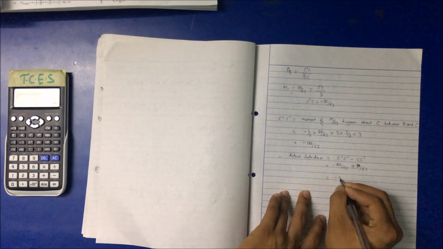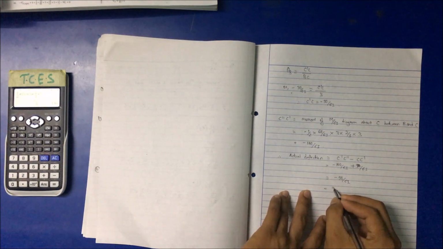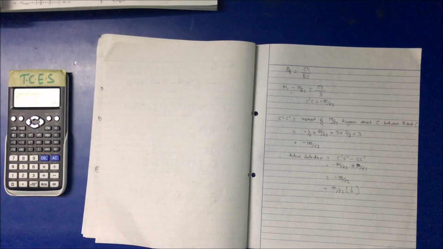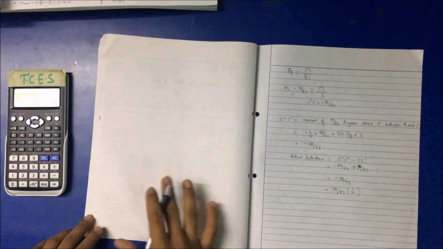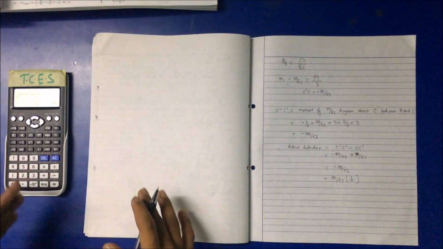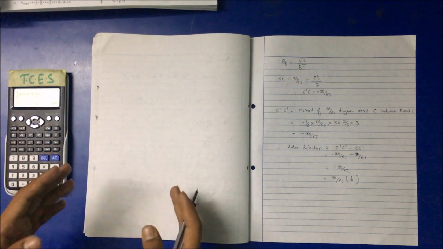This gives me minus 90 by EI, which suggests that the deflection is downward. In this way the moment area method is applied to determine the rotation and deflection at any point in the given beam structure.